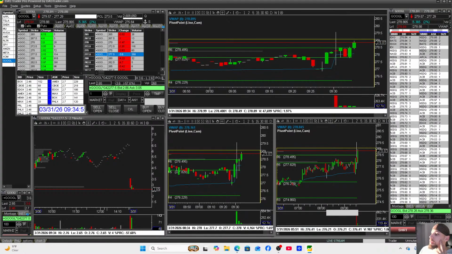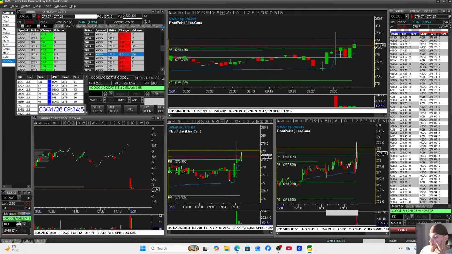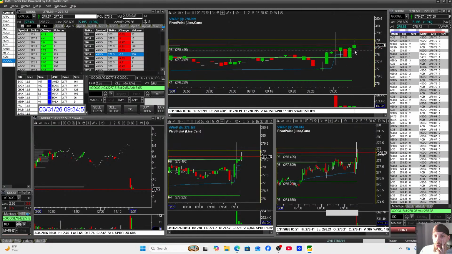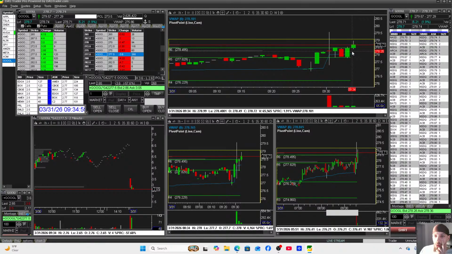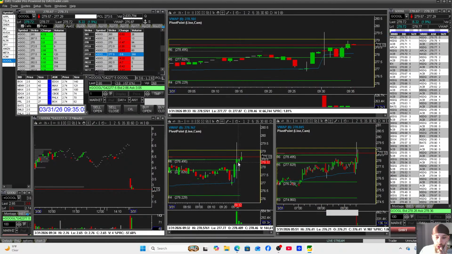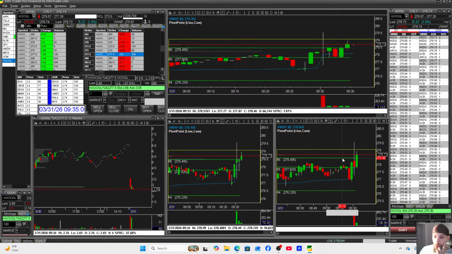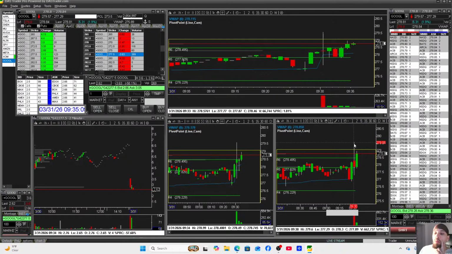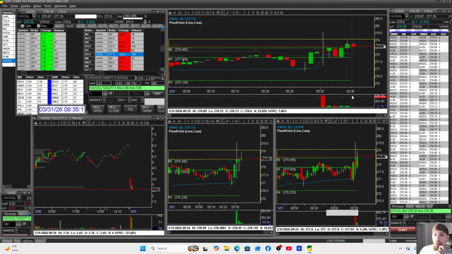Squeezing up, testing it. SPY's moving up, QQQ is moving up. It's 3 minutes, big indecision candle with more weakish price action there.